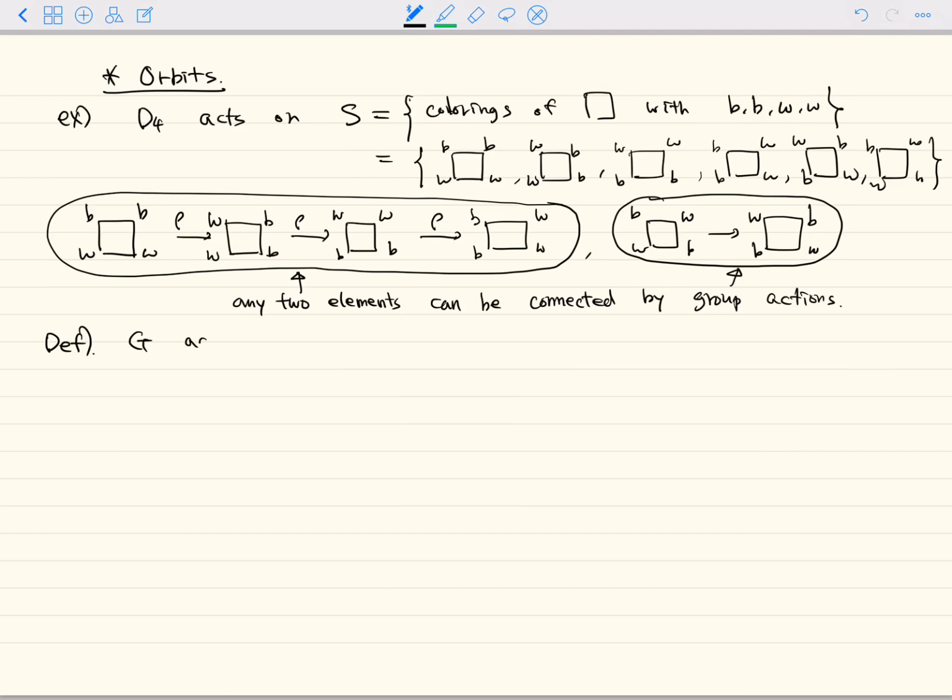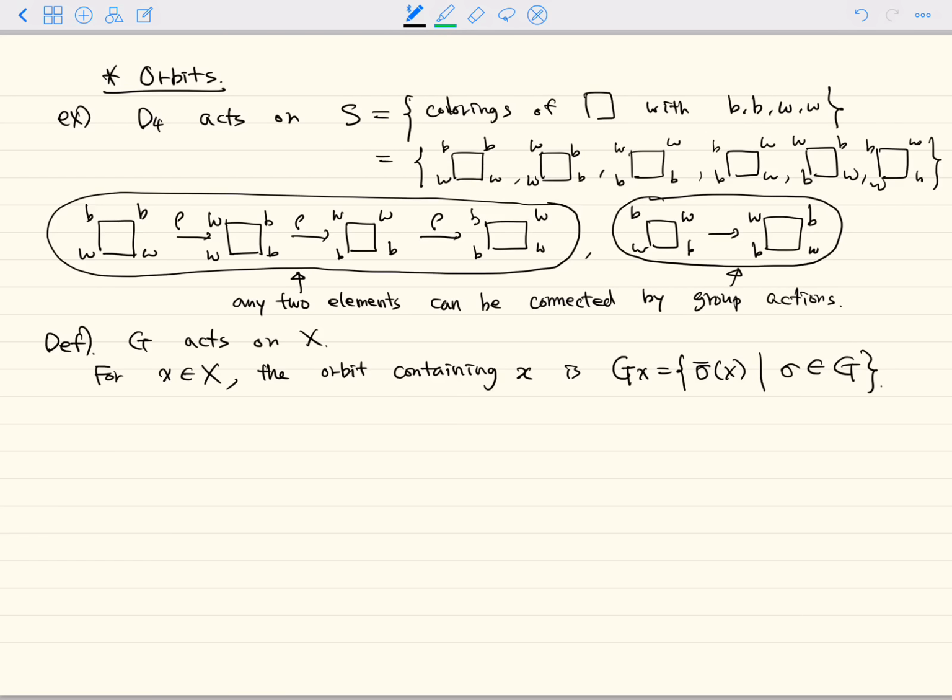So G acts on X, and for an element x in X, the orbit containing x is denoted G of x, and it's the set of all sigma applied to x for all sigma in G. This is the definition of the orbit.